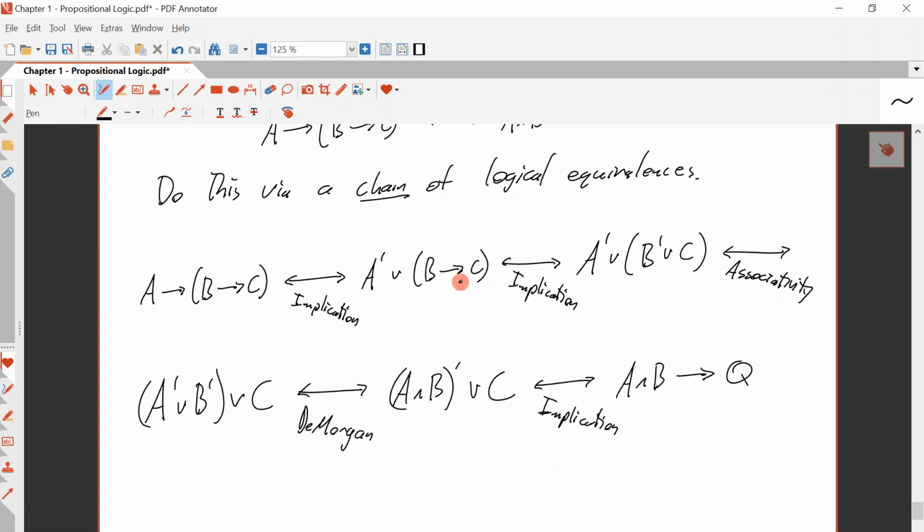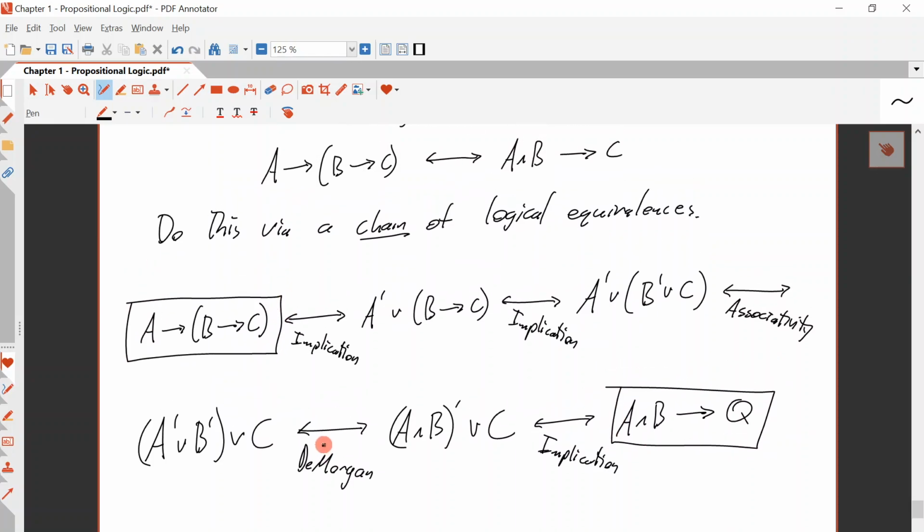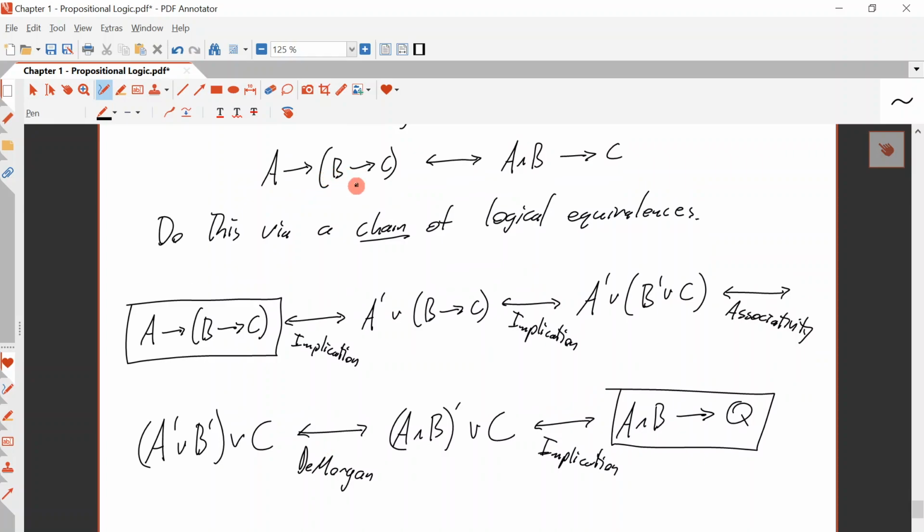So each expression is equivalent to the next, so the first is equivalent to the last, and that's what we wanted. A implies B implies C is equivalent to A and B implies C.